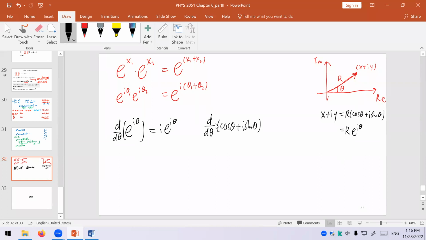If you do it term by term, you will find minus sine theta plus i cosine theta. If I take the common factor i out, then what you have is i times cosine theta plus i sine theta, which again equals i times e to the i theta.